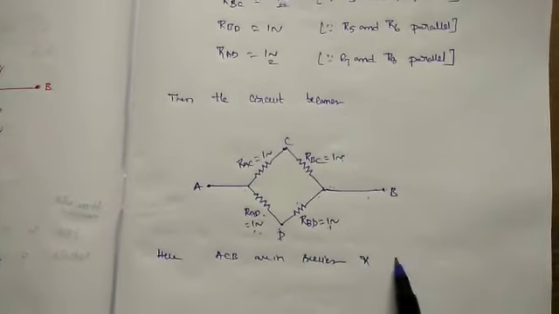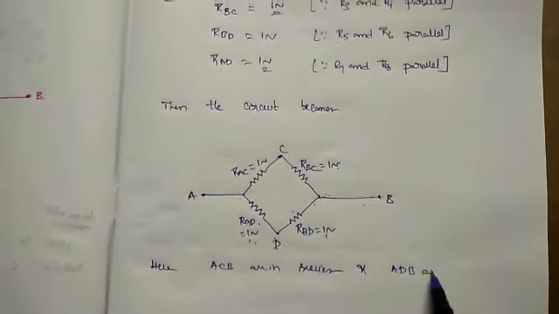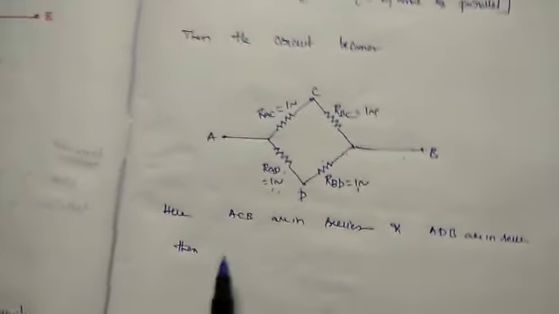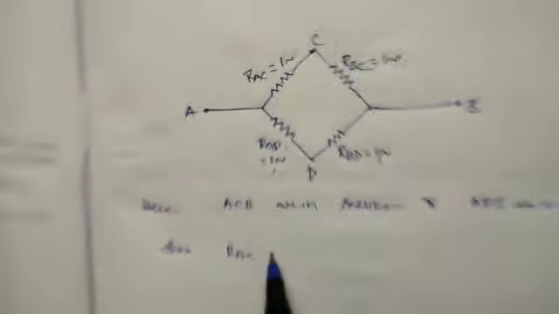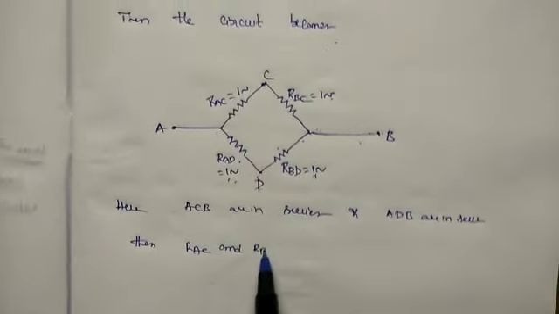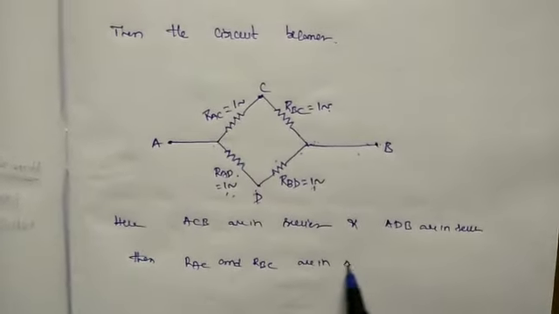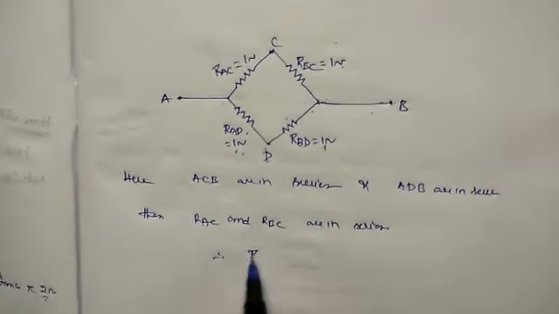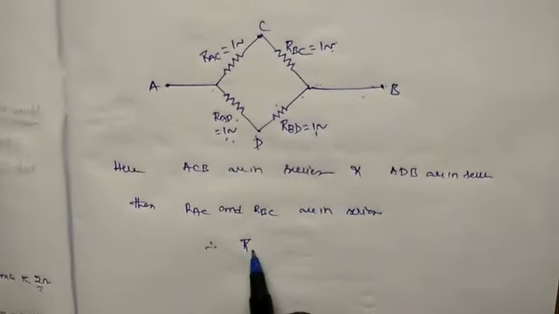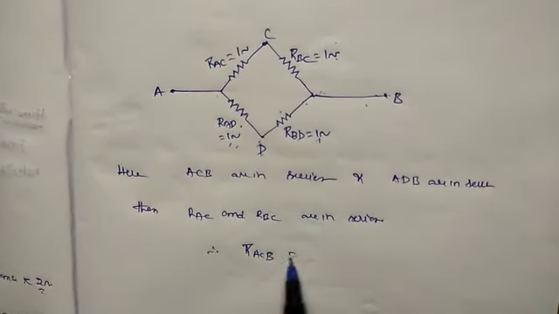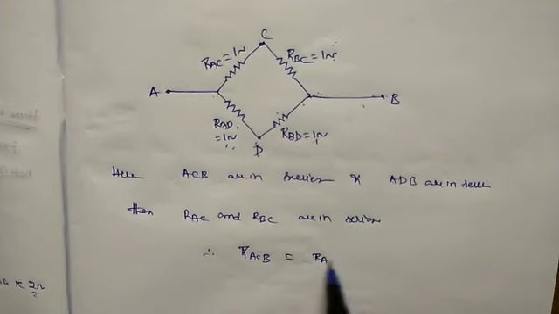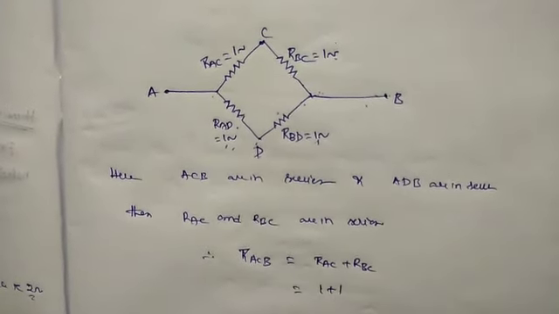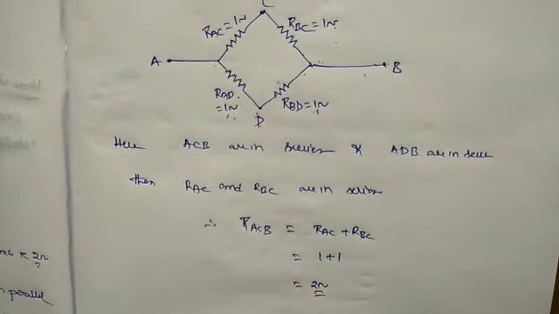RAC and RBC are in series. Therefore RACB equals RAC plus RBC, that equals 1 plus 1, that equals 2 ohms.